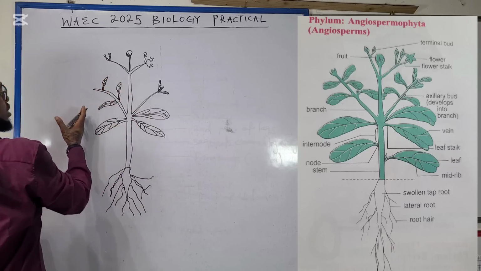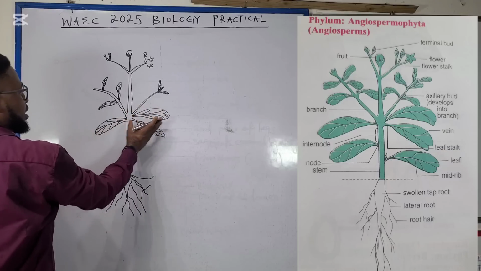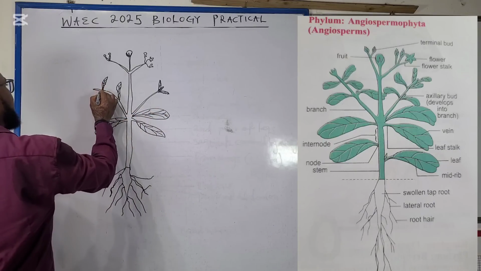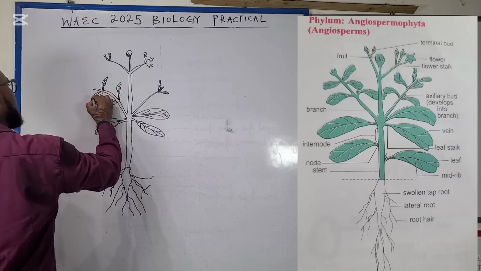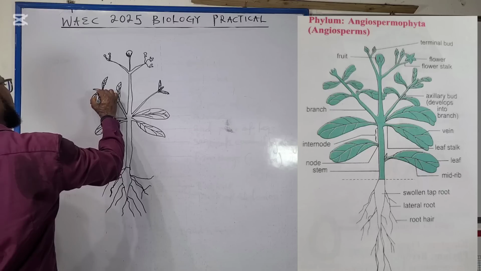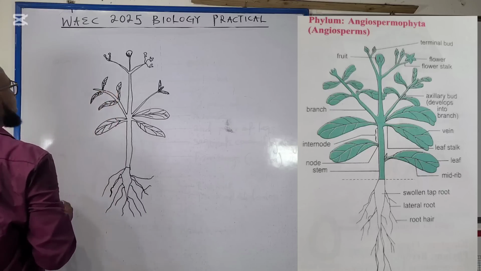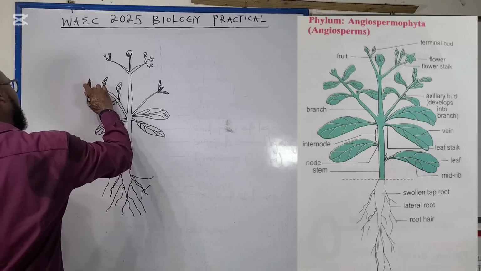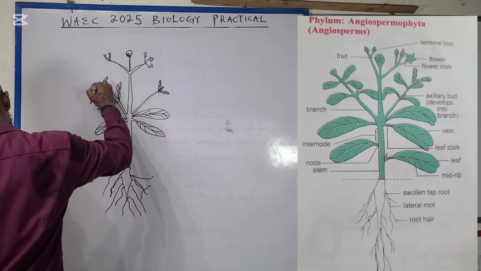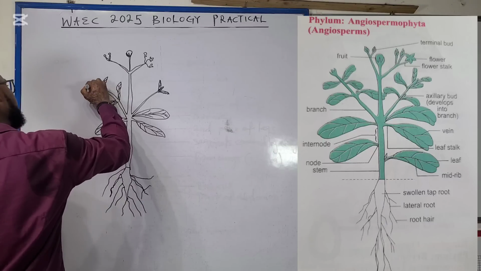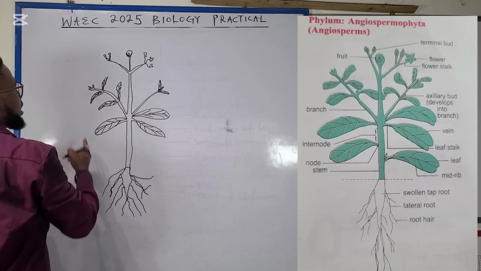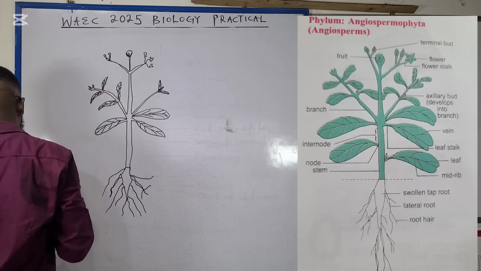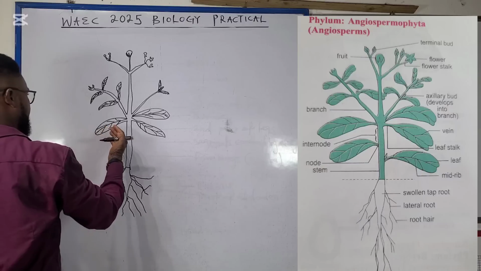So showing that, you see, these are big leaves for the plant, and then I want to have another one here, like that. And then at the end, I want to have something that looks like a terminal bud, as though the leaf is going to bud off from that point.